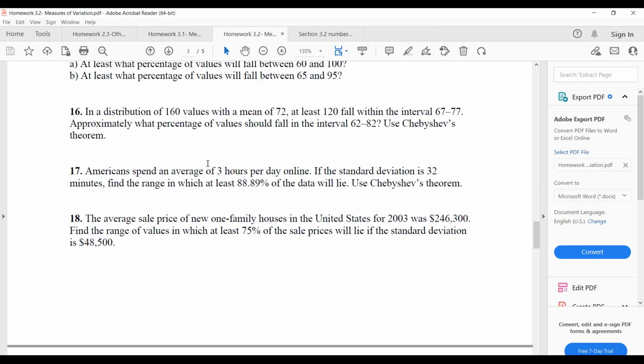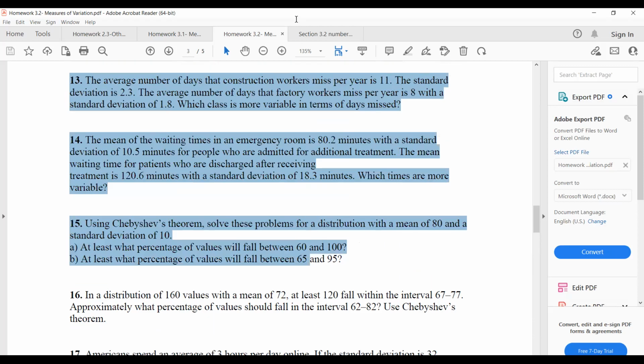Now you have to be a little bit careful when you do this, because this is 3 hours. This is in hours. Your standard deviation is 32 minutes. Those have to be in the same unit. So this one is a little tricky for that reason.